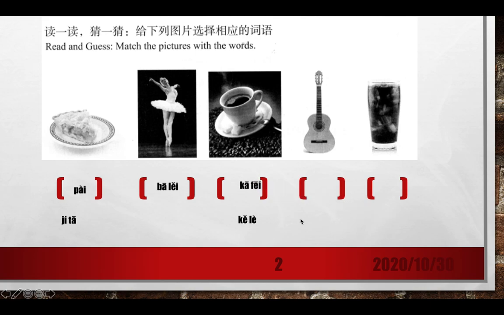In Chinese, 咖啡. Next, guitar. Okay, so we have 吉他.